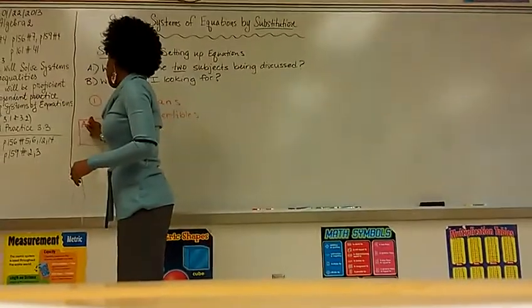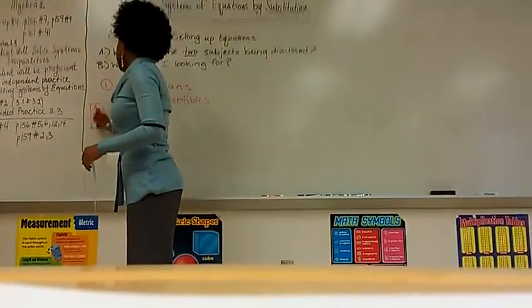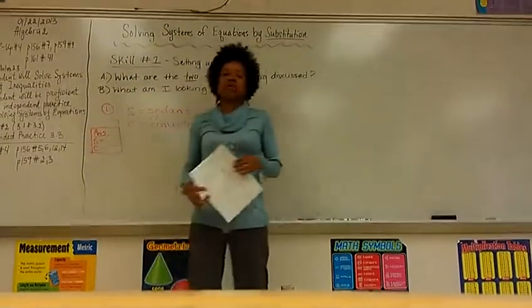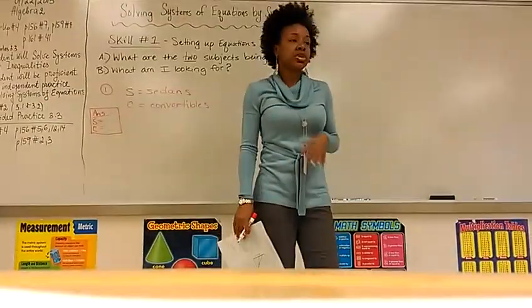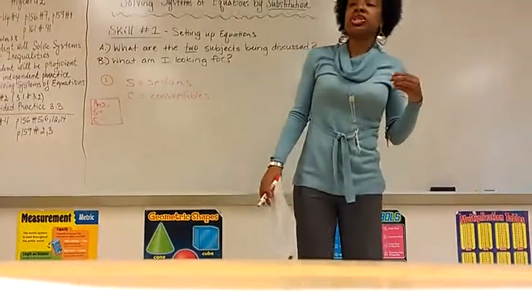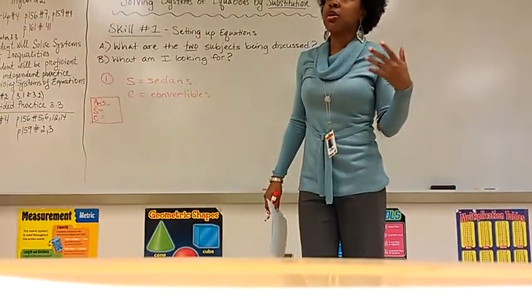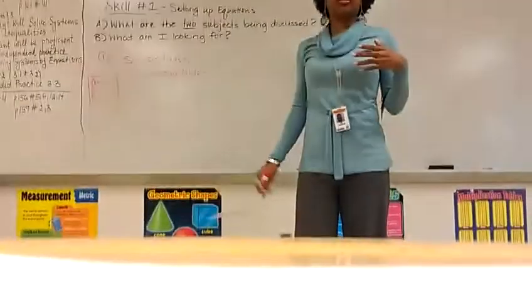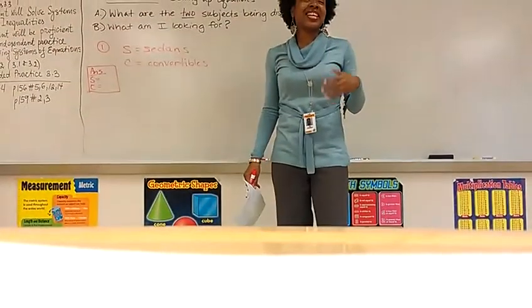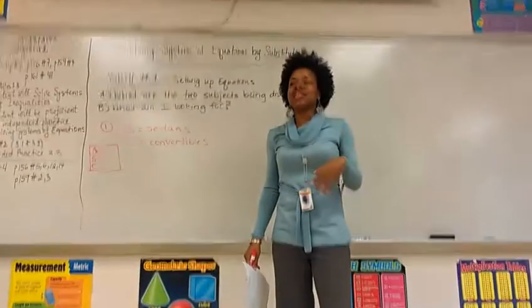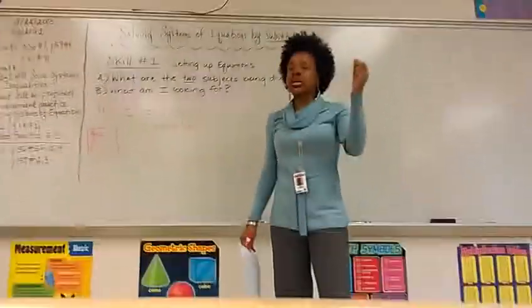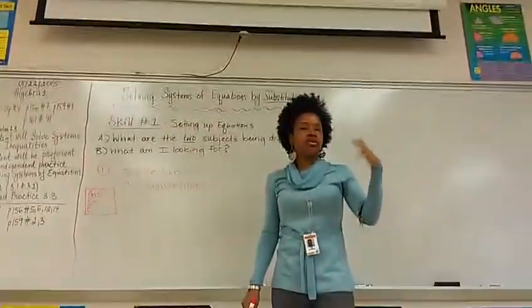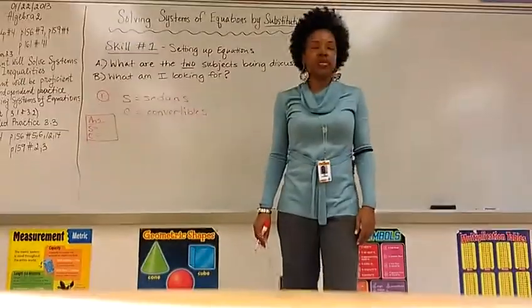My answer needs to tell me the number of sedans and the number of convertibles. The reason why I'm doing that is because these questions can get so long, you forget what you're doing or why you're doing it. So if you write down from the beginning what the answer is, what you're looking for, then as you're working out the question, you kind of remember where you're going.